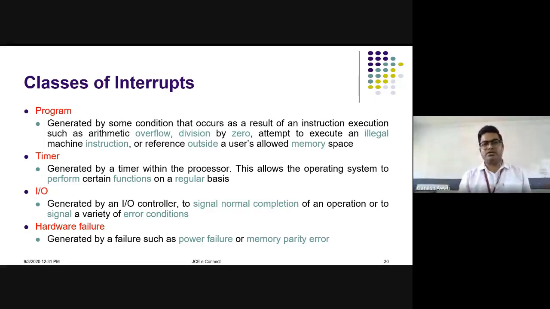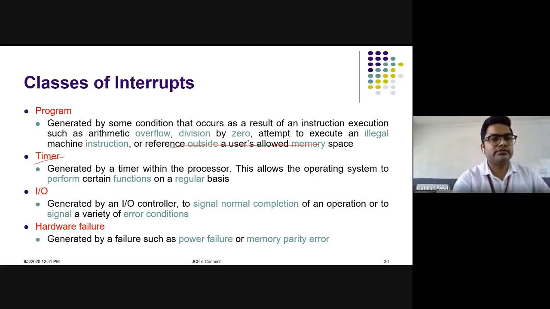If you write a program that accesses that memory location and damage something there, your OS will collapse. So some memory is not accessible by the user, and you cannot read or write in that location. If you try, it will show an interrupt that this is not allowed.